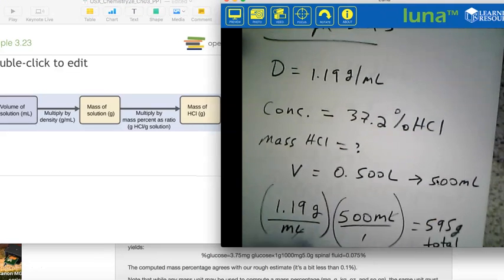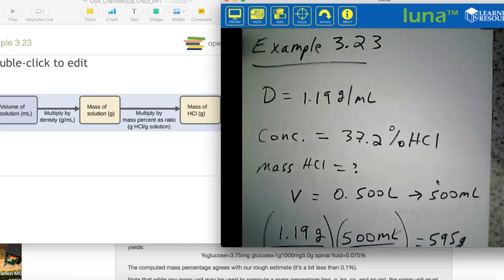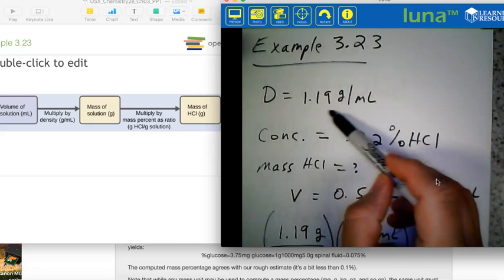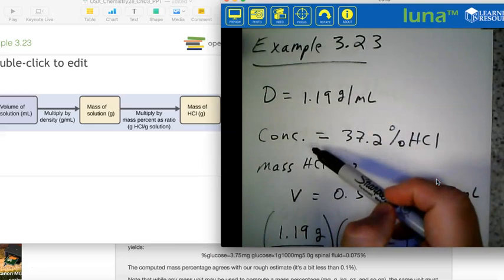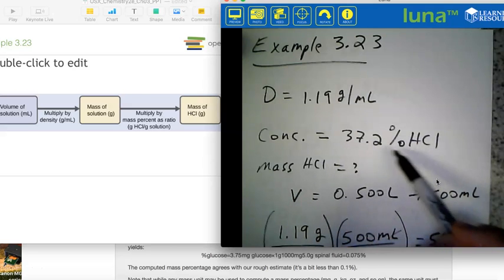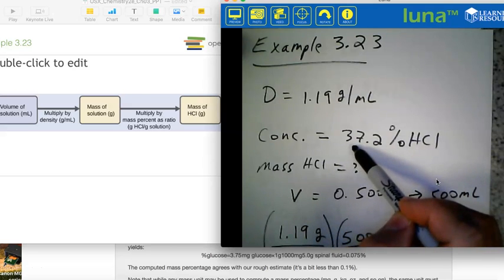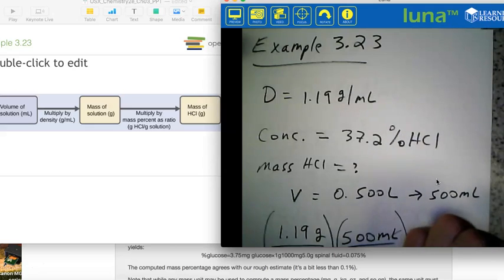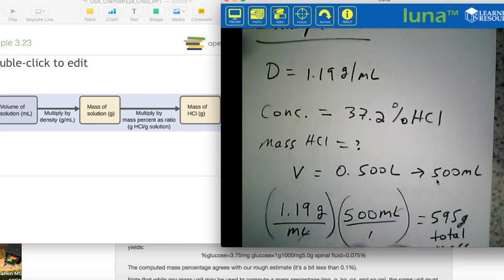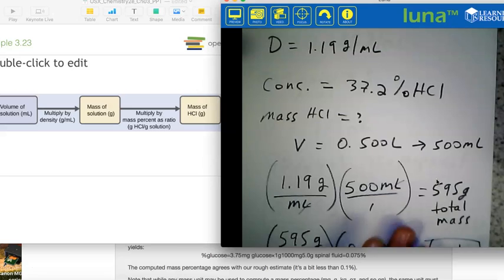So our next example here, example 3.23, we're given the density of a solution. Okay, the percent hydrochloric acid, which concentration is 37.2%. Okay. And they give us the volume of the solution to be 0.5 liters.